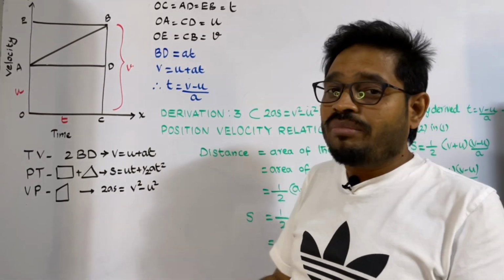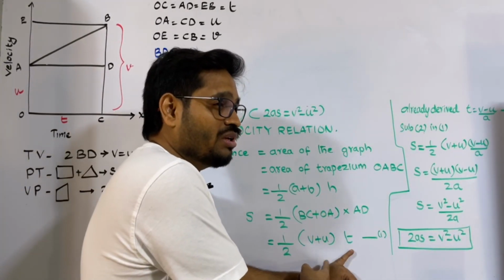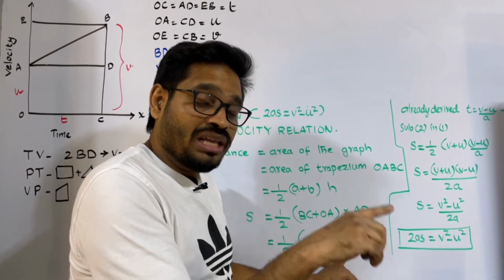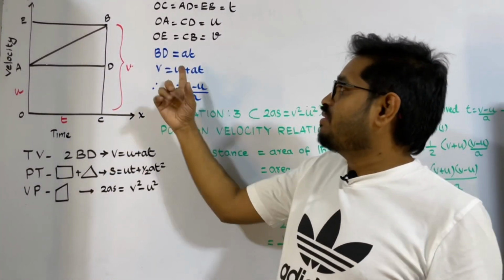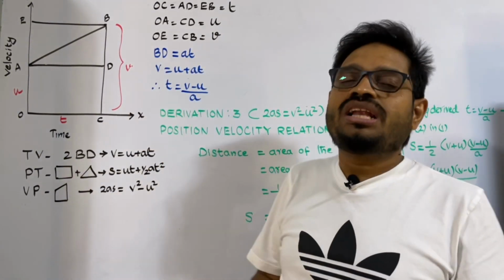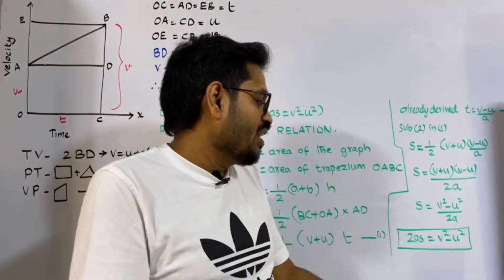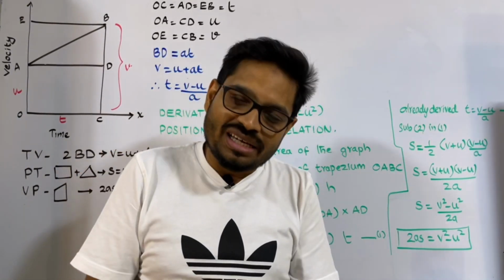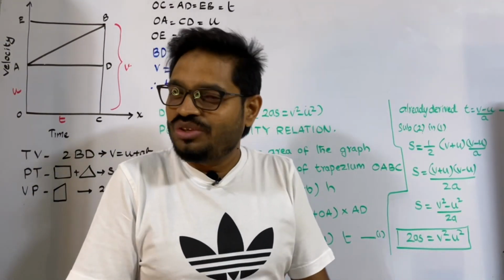Meanwhile, when you get stuck at T, think, okay, I should not change V plus U, rather I can play with the T. Yes, I have to connect the T with the previous equation which we made at the first. From there we bring t equal to (v minus u) by a, substitute it, and at the end by cross multiplying you rearrange and get the equation 2as is equal to v square minus u square.